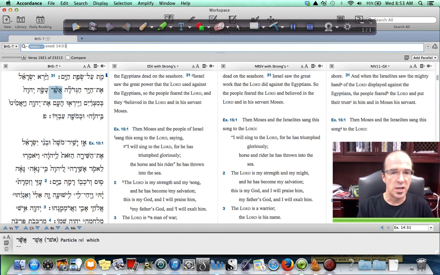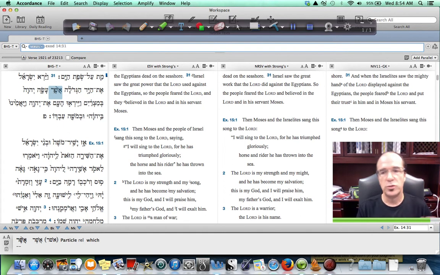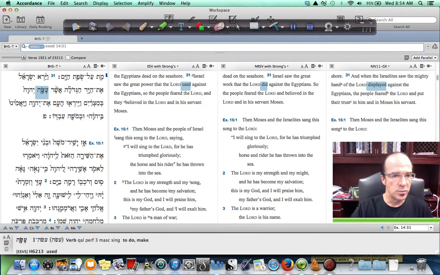Okay, our next word is asher, which is a relative pronoun. Remember, asher can mean who, whom, of whom, to whom, depending on the case. In this situation, this is going to be something like "which." Then we have another verb, asa, which is Qal, perfect, third masculine singular from asah, which means "do" or "did," and this is going to be something like "which Yahweh did."